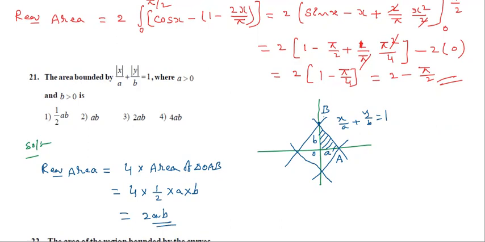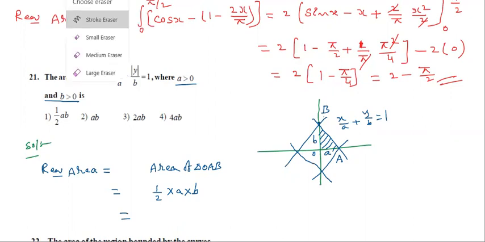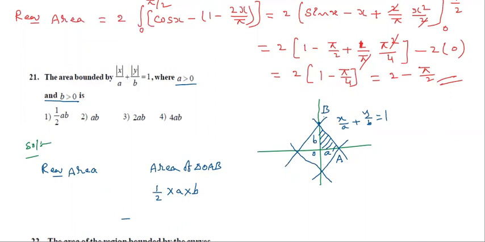See here the calculation. Here it is already given A greater than 0 and B greater than 0. No need to find the total area. So here no need to find the total, only the area of triangle OAB. So what is the answer here, students? Half AB.